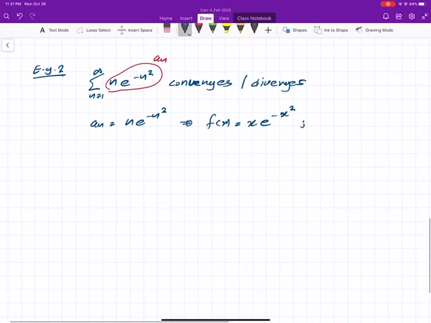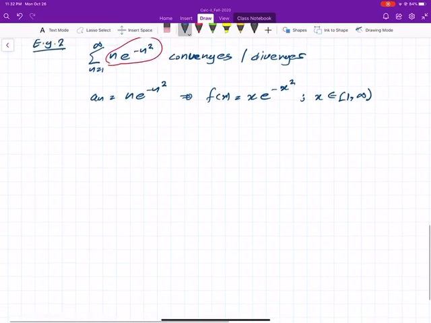Alright, this x varies from 1 to infinity. Then you have to find whether it is continuous, whether it is positive, and whether it is decreasing.